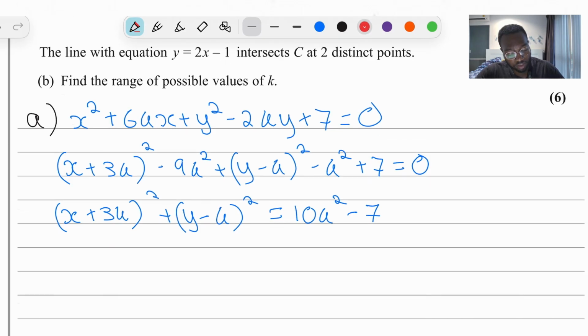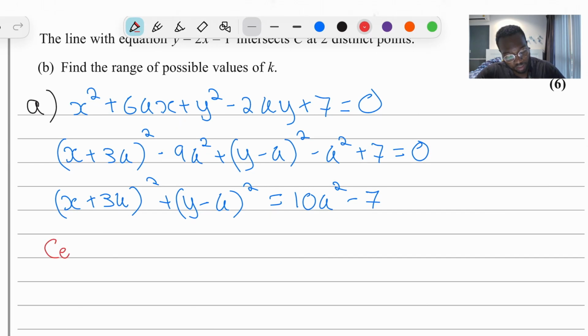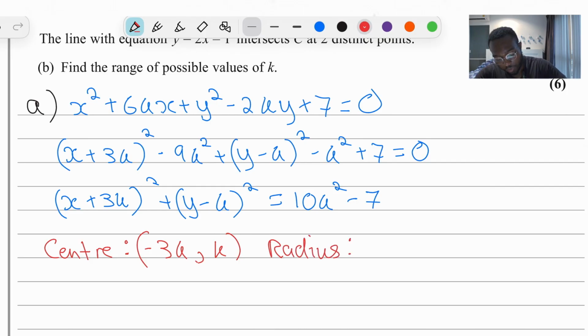We know that our center would be minus 3k, then a positive k. Okay, that is our center. And we know that our radius, well, that would be the square root of this side on the right. So our radius would be 10k squared minus 7, all square rooted.